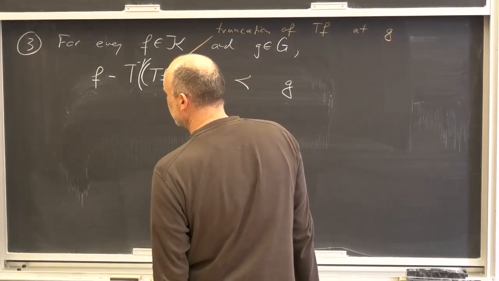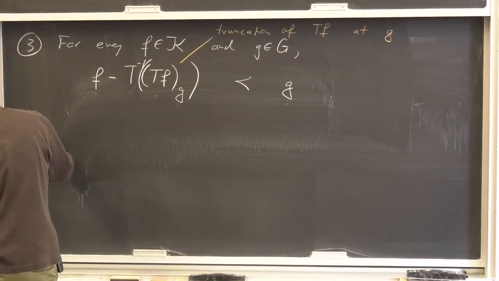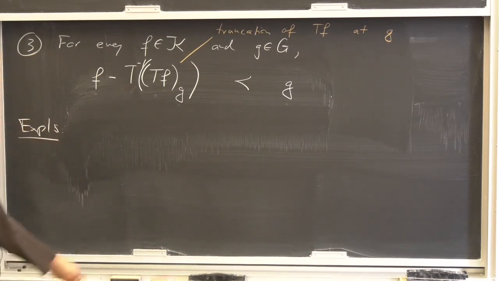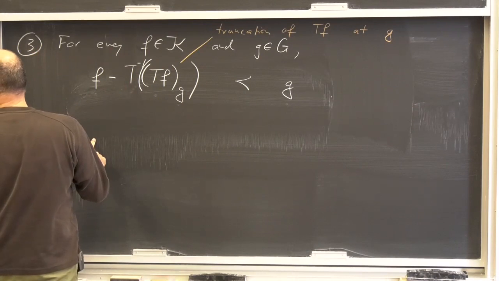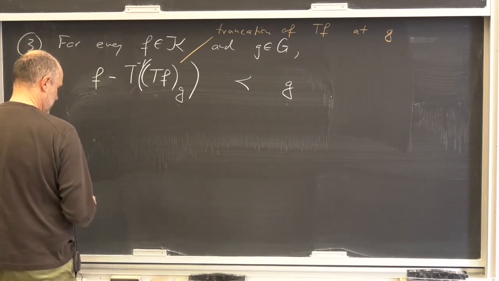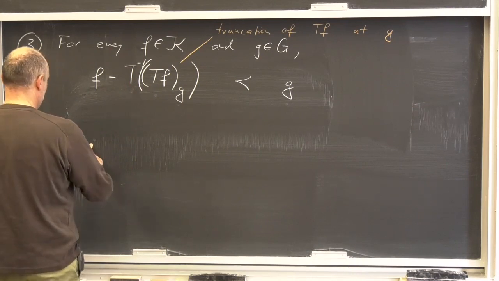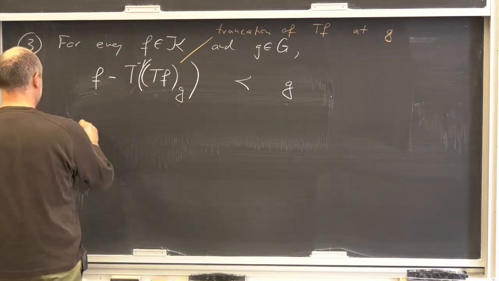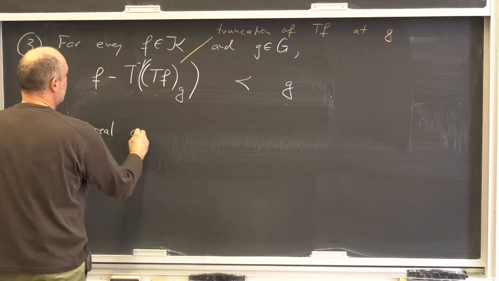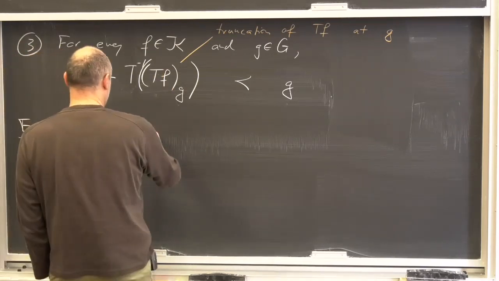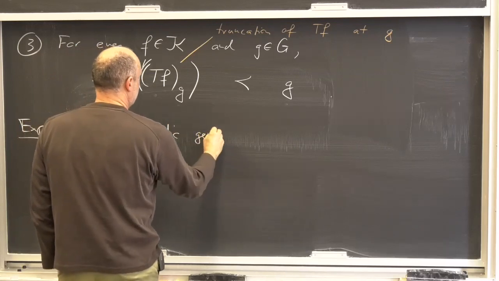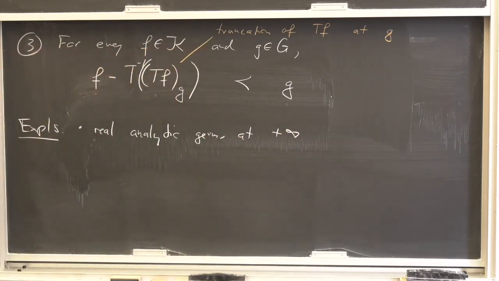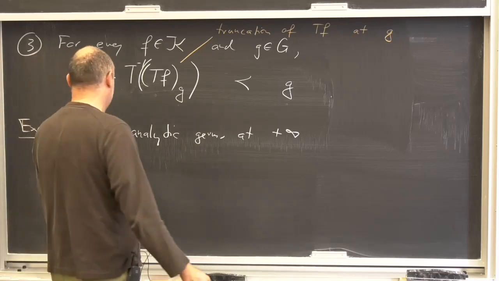What are examples of such? Well, you can take the real analytic germs at plus infinity, or more generally real meromorphic germs at plus infinity.